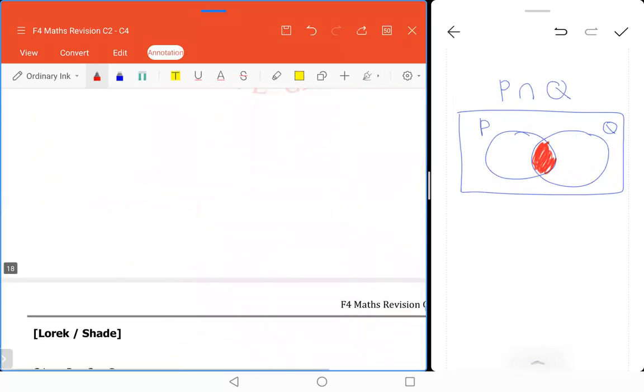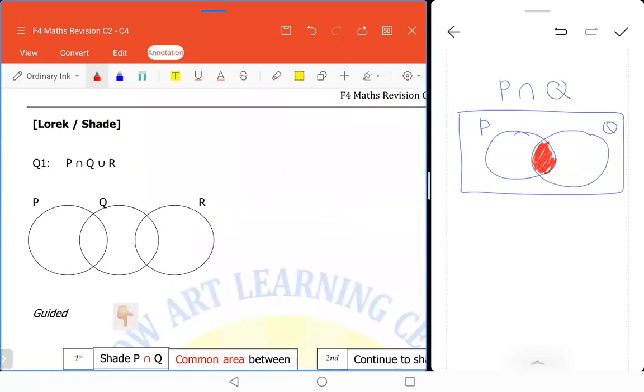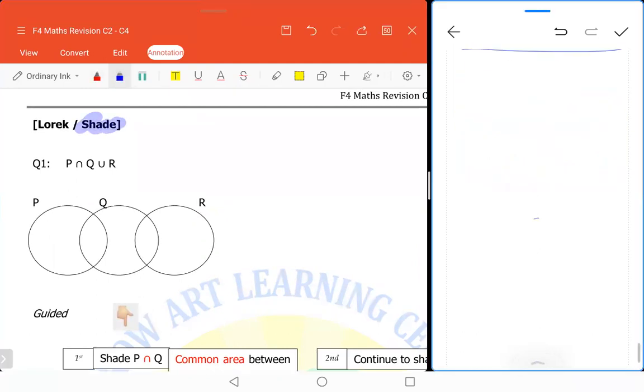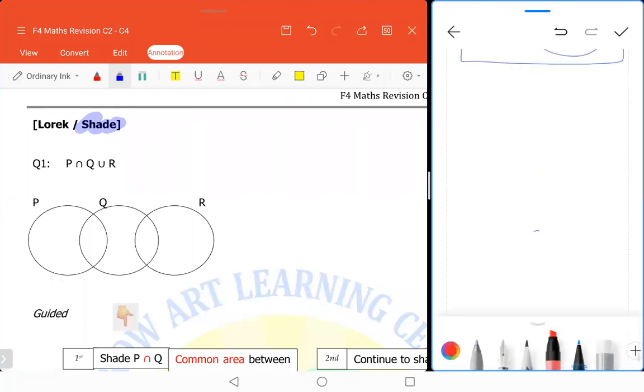Next, shading part. So for this topic, the questions love to ask you, shade where is the part. So we go back to the intersect and union. So that's the technique when we want to shade. So for intersect means common.